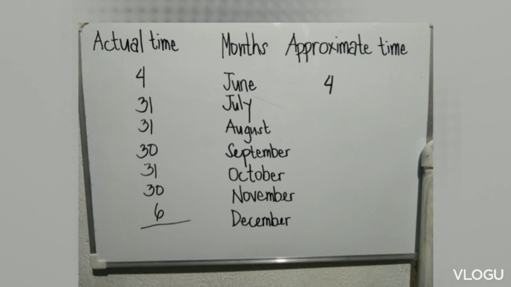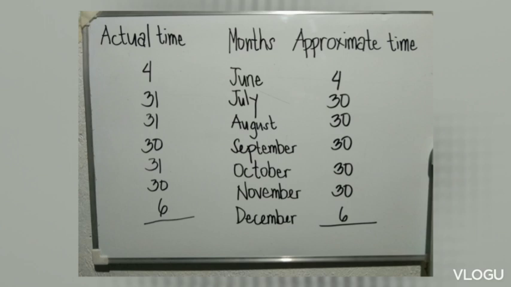On the approximate time side, write 30 in all months except the last month and the first month. In the last month, which is December, all we need to do is copy the number given in the problem.